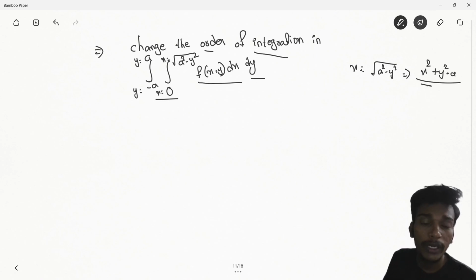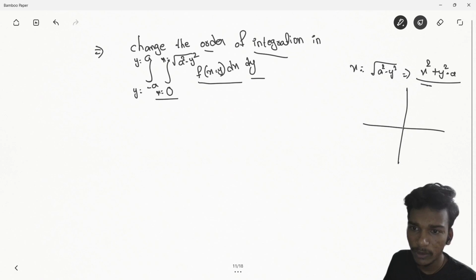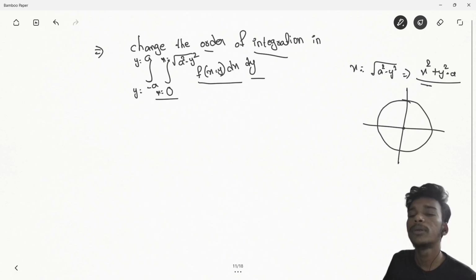That means we are going to integrate this function f of x comma y from x equal to 0 up to a circle of radius a. That means if you consider a Cartesian coordinate system, we are going to integrate in between these. This is the circle of radius a.